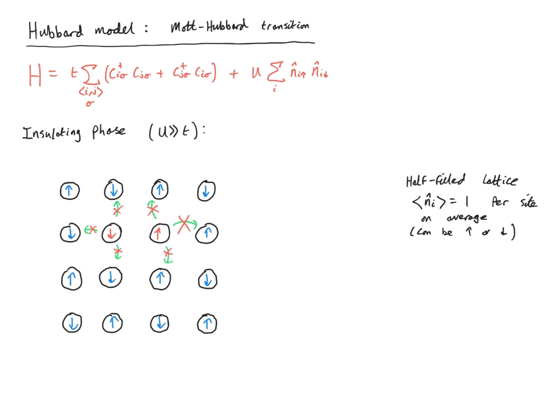So what we see from this is that if I want to allow for a certain stabilization due to the kinetic energy for these virtual excitations for tunneling between nearest neighbors and back again, then I actually want a very specific kind of process to maximize the kinetic energy stabilization. I want in particular that if a spin up electron tunnels to its neighboring site, then the same spin up tunnels back again.